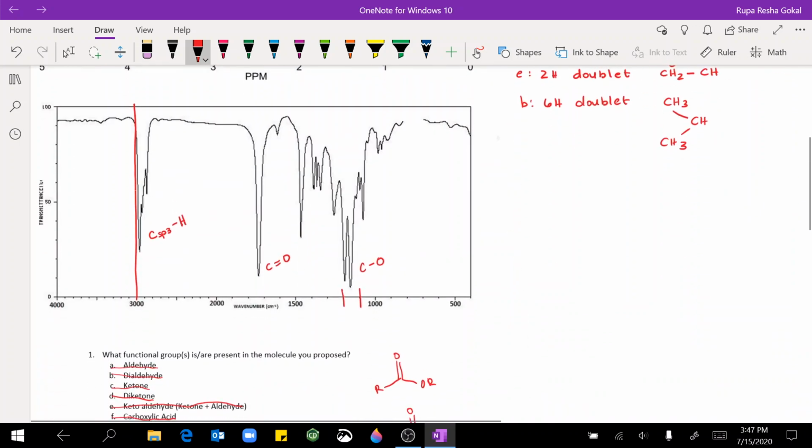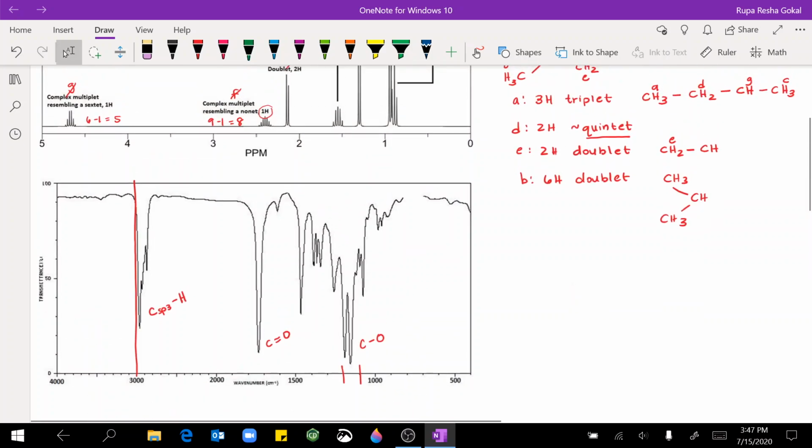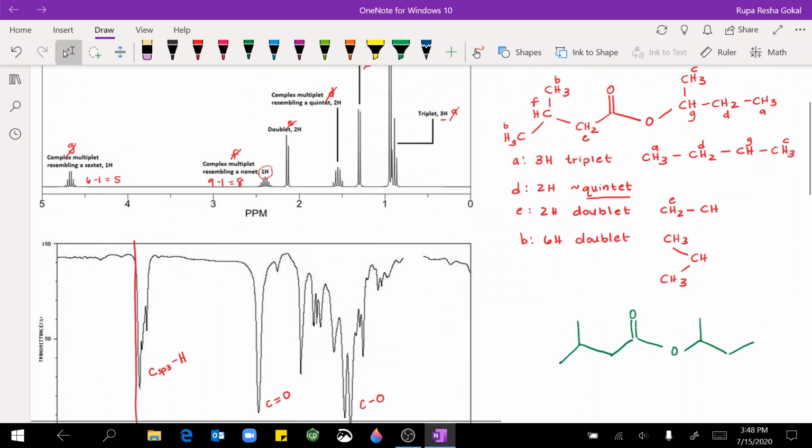Okay, so my correct answer here is this isobutyl group attached to the carbonyl, and then the oxygen attached to a sec-butyl group. Okay?